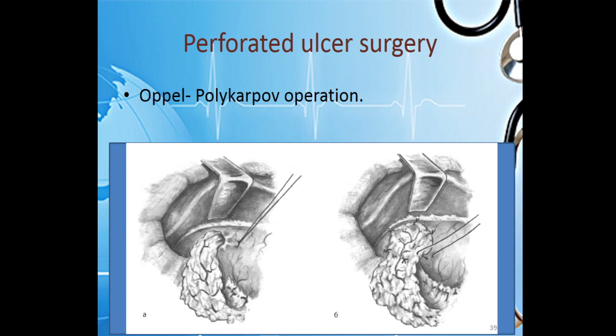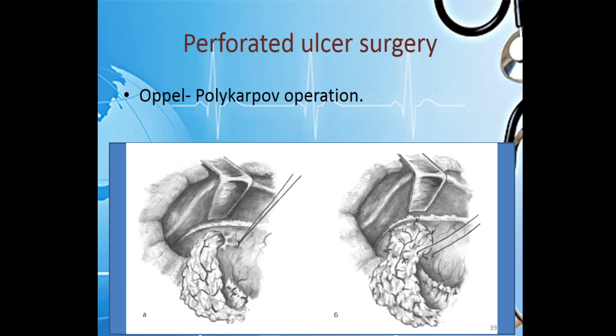If we have a perforation of an ulcer, our actions, our operation, should be very speedy. We can do something within 2 to 6 hours, not more, because after this the perforation becomes peritonitis.